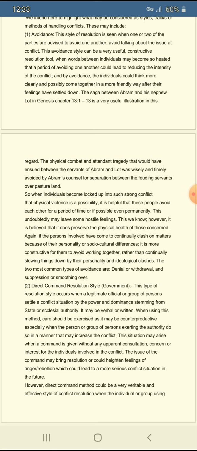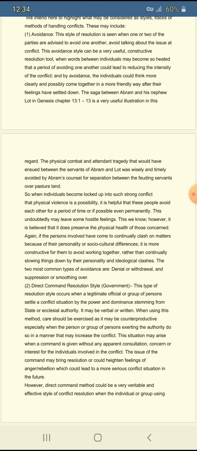The second one is the direct command resolution style, and this involves the government. This type of resolution style occurs when a legitimate official or group of persons settles a conflict situation by the power and dominance stemming from state or ecclesial authority. It may be verbal or written, and when using this method, care should be exercised as it may be counterproductive, especially when the person or group exerting the authority does so in a manner that may increase the conflict.